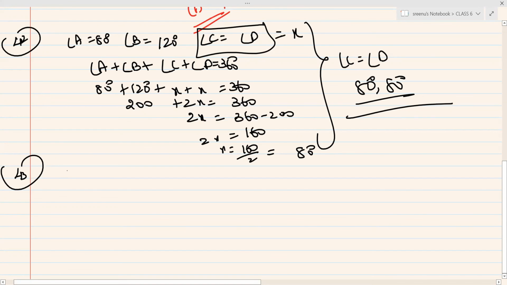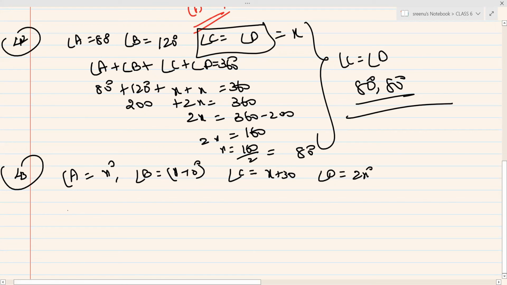43: four angles are given. Angle A is equal to x. Angle B is equal to x minus 10. Angle C is equal to x plus 30. Angle D is equal to 2x. You have to find the angles.